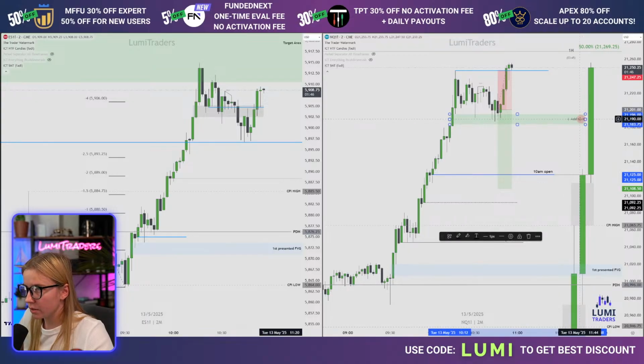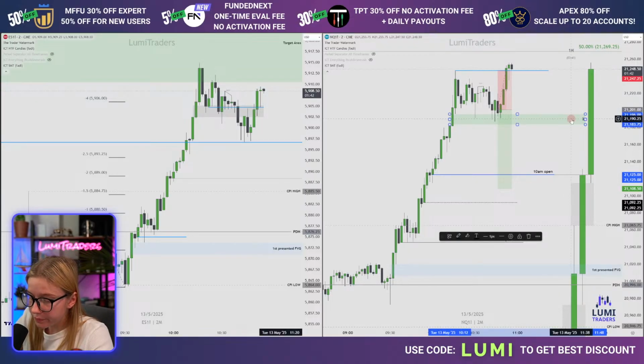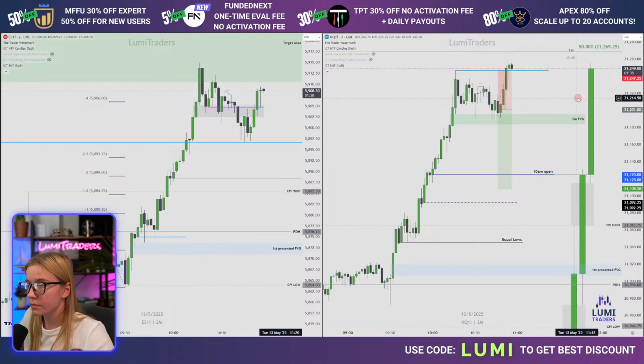Interesting how it was trying to respect this 2-minute fair value gap. It's okay. Still, I consider it was not a bad try.